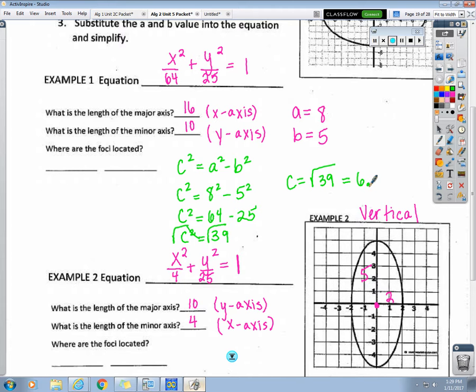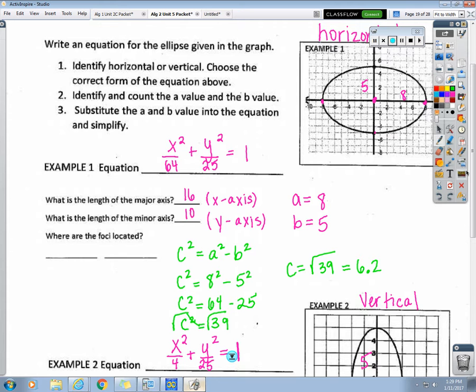6.2. Okay, so that lets us know where to plot the foci. The foci always go on the major axis, which in this case is the x-axis. So I go right 6.2, and there's one of them. And then I go left 6.2, and there's the other one.